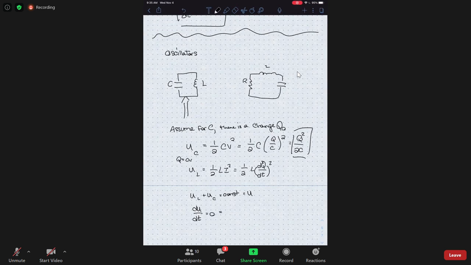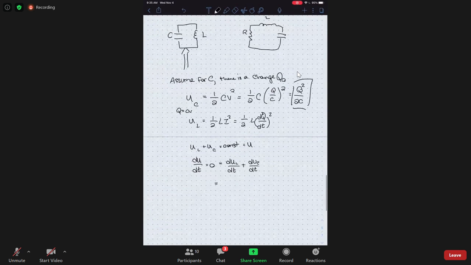So we can say that dUL/dt plus dUC/dt equals 0. This makes a differential equation. I'm just writing it really quick. I'm not going to show you how to solve the differential equation just yet. I'll just tell you the solutions. So we have dUL/dt, the derivative with respect to time.